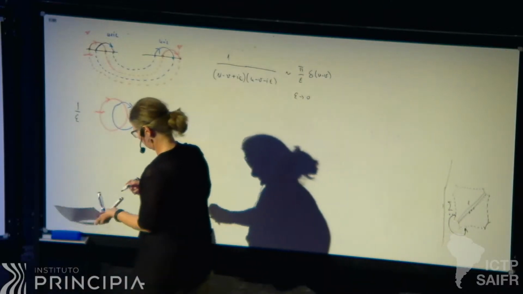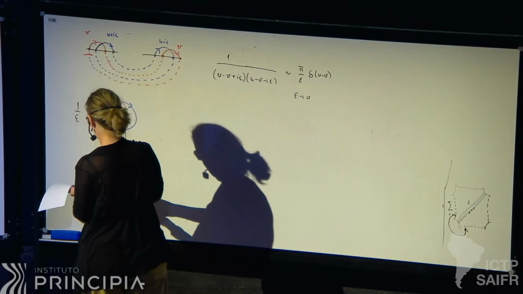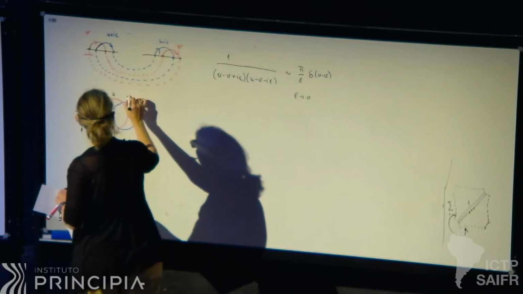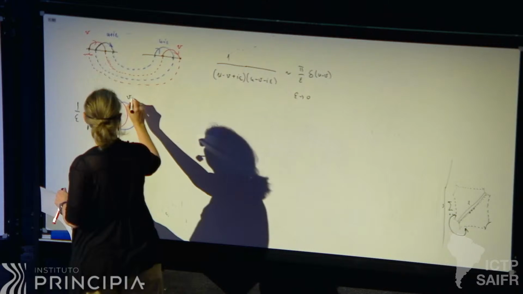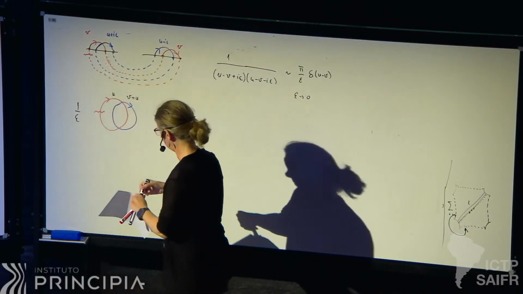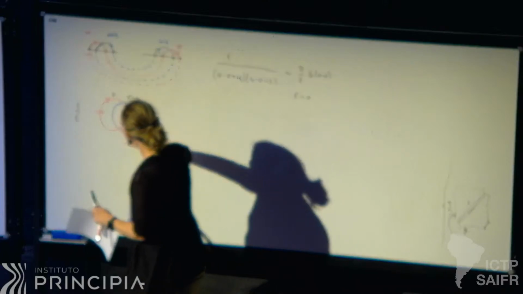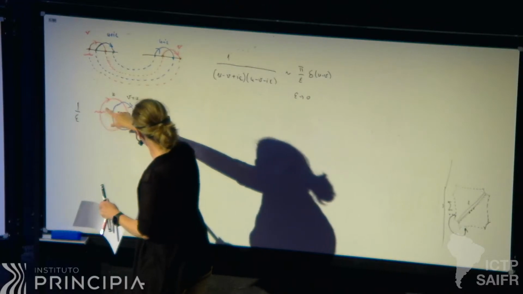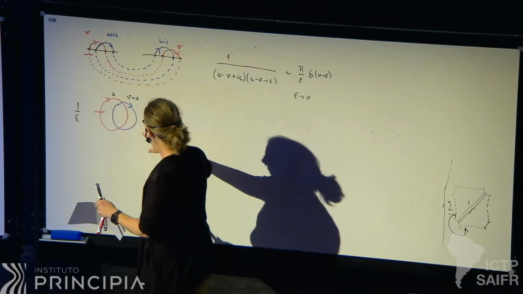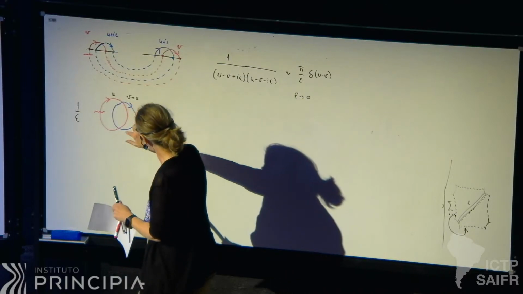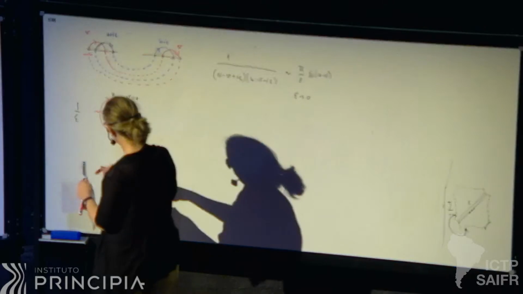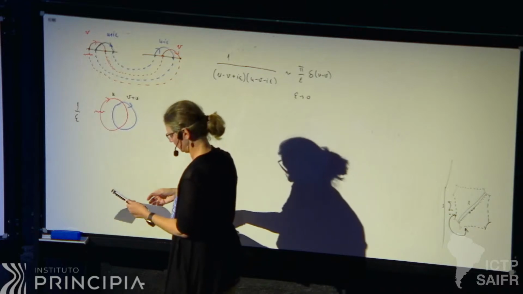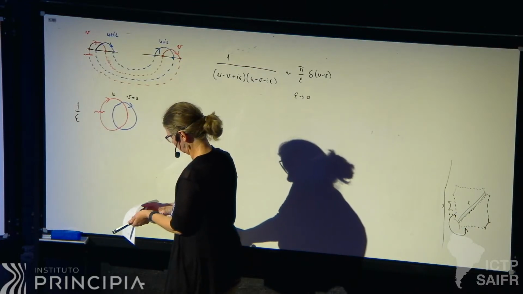When we send u to be equal to v, so this will be u, this will be v, and then we send v to u, these two supertraces will in fact decouple, because we can use the unitarity of the S matrix. So this schematically explains how to handle the matrix structure of the magnons.